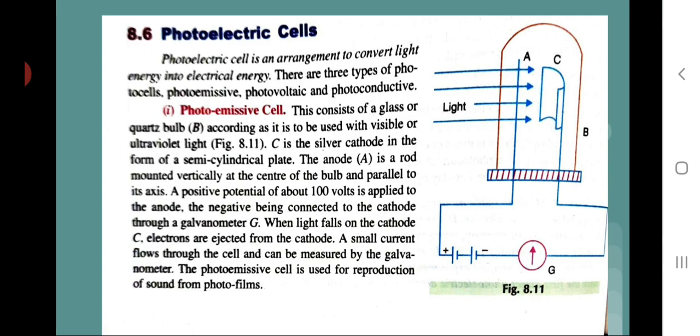A small current flows through the cell and can be measured by the galvanometer G. The photoemissive cell is used for reproduction of sound from photofilms.